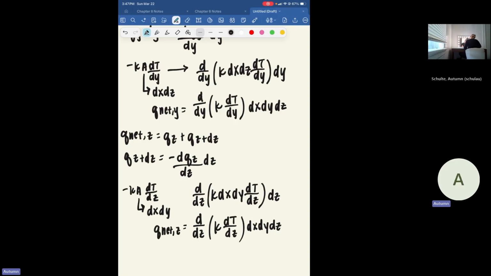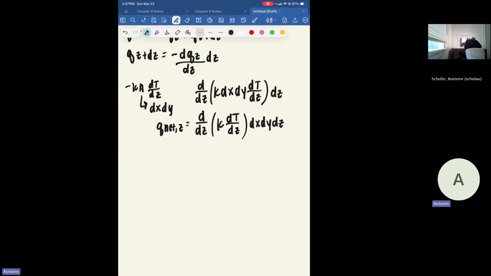is the net heat flow in our z direction. So now we can put this all together just like we did before, because we said that the rate of change of energy storage is equal to the rate of change of energy generation plus our net heat flows.